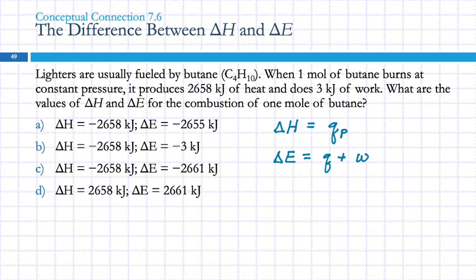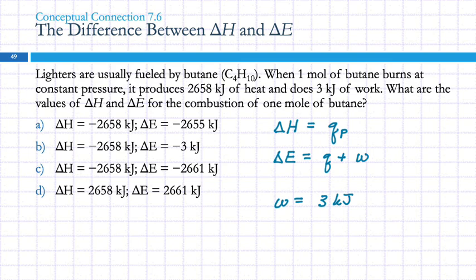Delta E is equal to Q plus W. So what are these things? This is work, right? W equals 3 kilojoules. It does 3 kilojoules of work. Is that positive or negative?